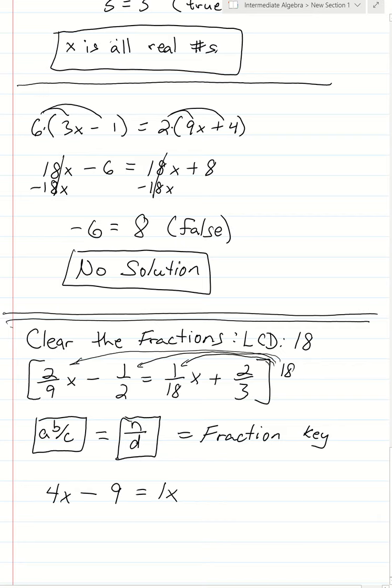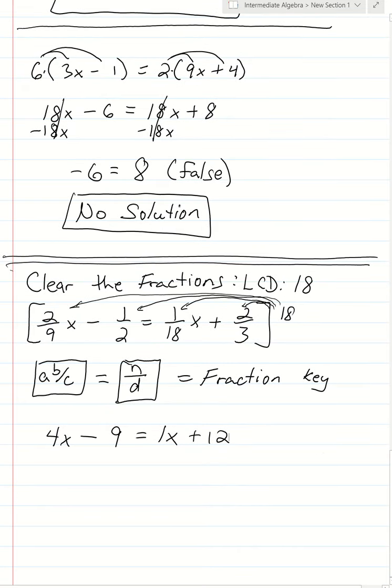And lastly, we multiply 2/3 times the 18, and that would give us the whole number 12. So what we have done is cleared all of those fractions, making it an easier equation for us to solve. Okay? We didn't change the overall relationship. All we did was clear out all of those nasty fractions.